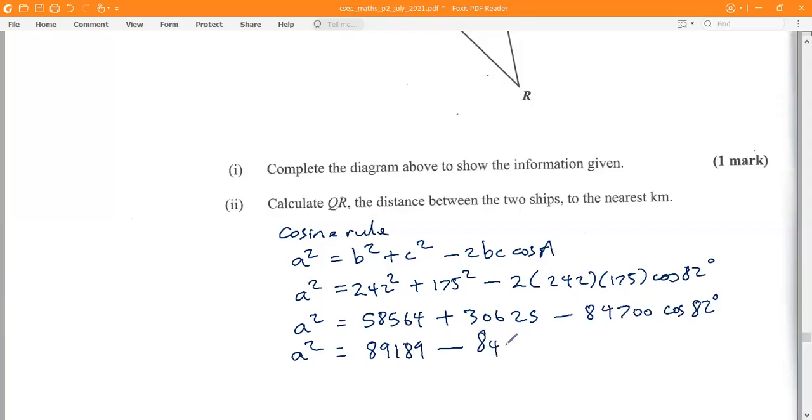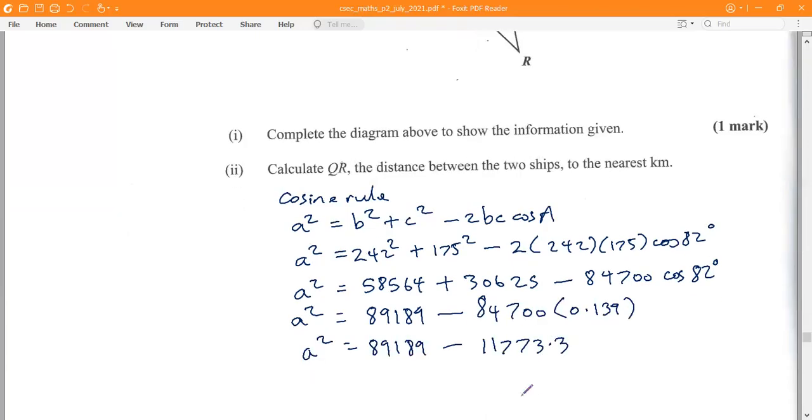All right, so we work out cosine 82 in our calculators to 3 decimal places and we get 0.139. So 84,700 multiplied by 0.139. All right, so we have A squared equals 89189 take away, we multiply 84,700 by 0.139, we get 11773.3.